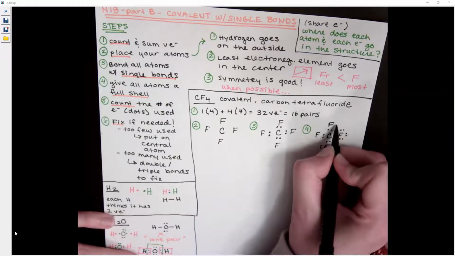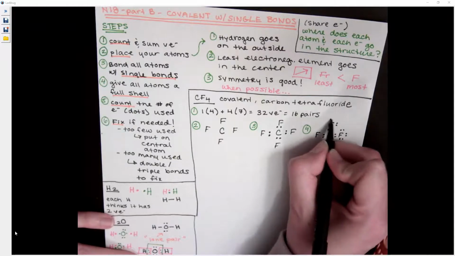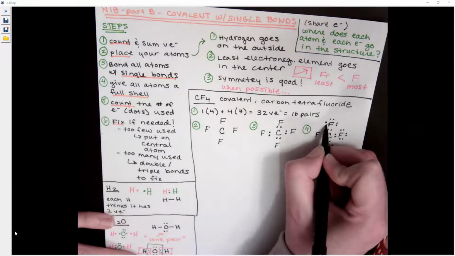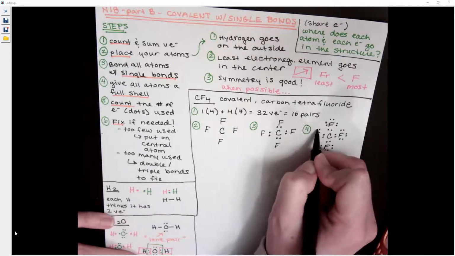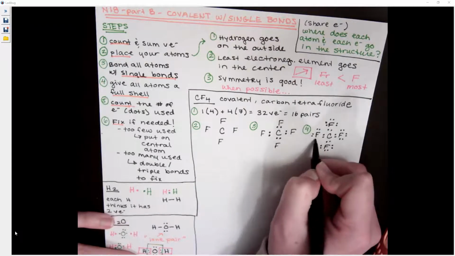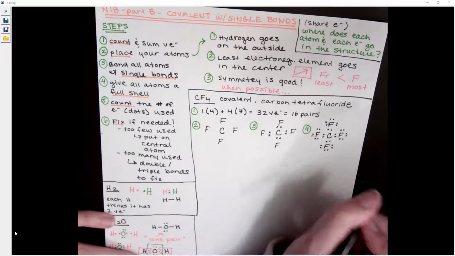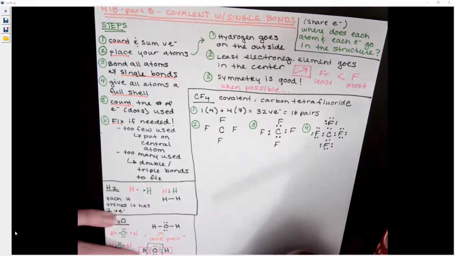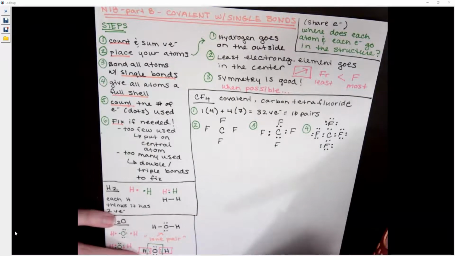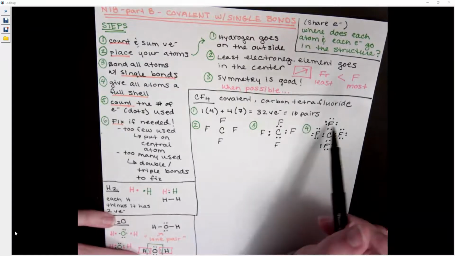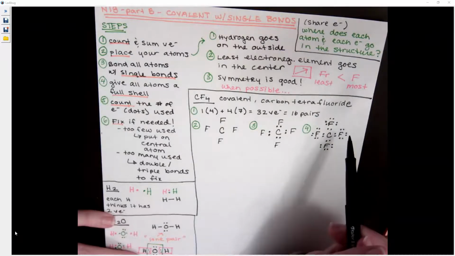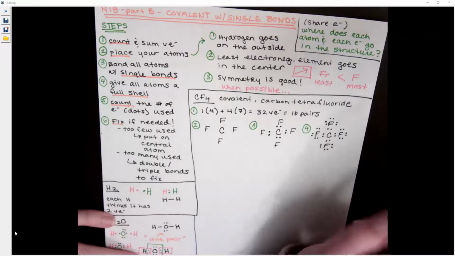Make sure your dots are large enough that they are visible. Everybody likes to use these mechanical pencils, and the problem with that is your dots sometimes are not big enough to see. Especially if you're taking photos and submitting it online, you need to make sure your dots are legible. Okay? So now, all the fluorines feel like they're happy. The carbon feels like it's happy.